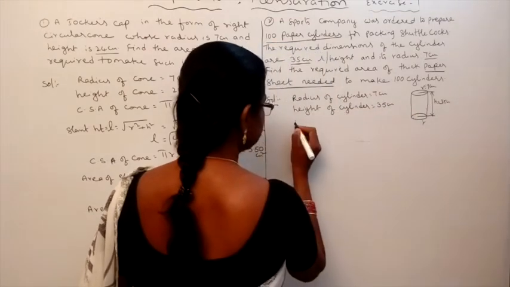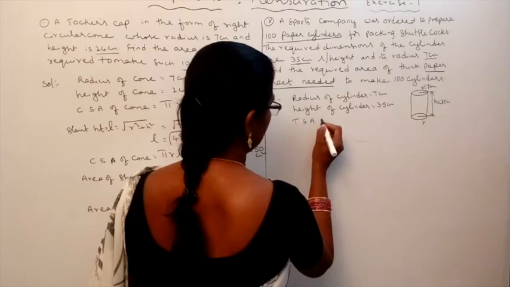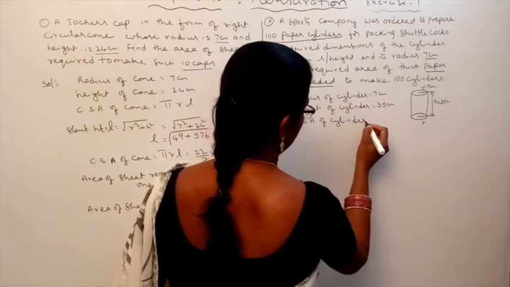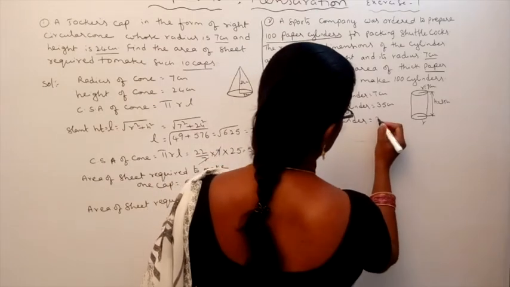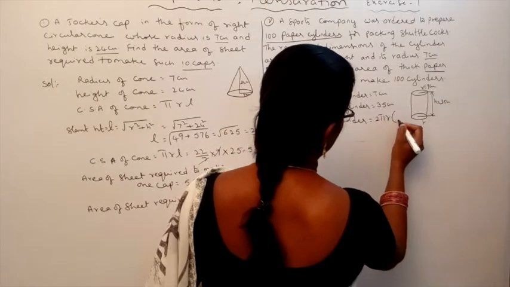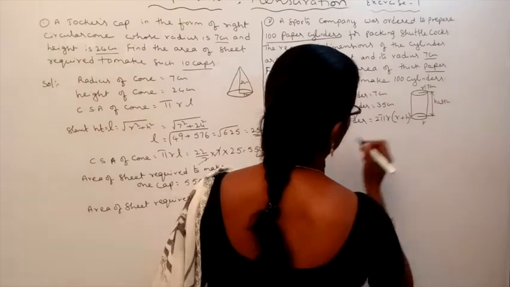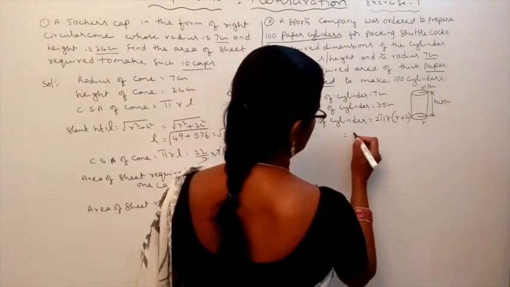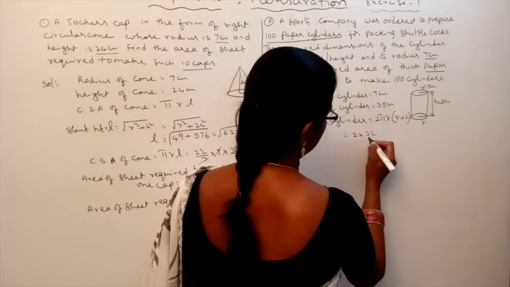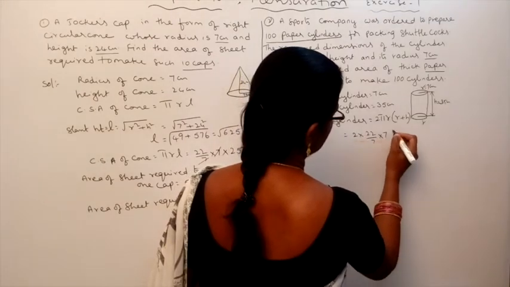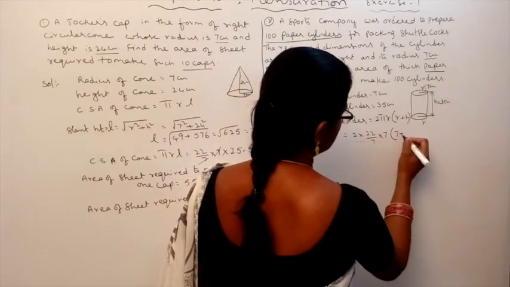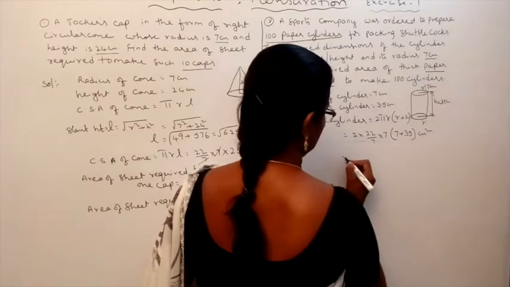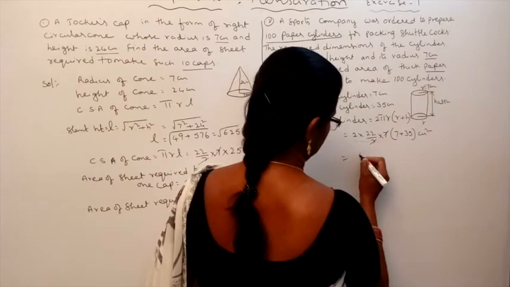Then TSA, total surface area of cylinder, is equal to 2 pi r into r plus h, which is equal to 2 into 22 by 7 into 7 into 7 plus 35 centimeter square. 7 will cancel.